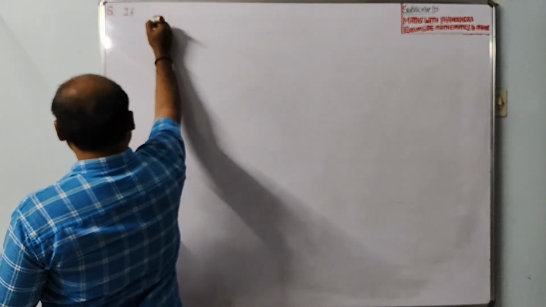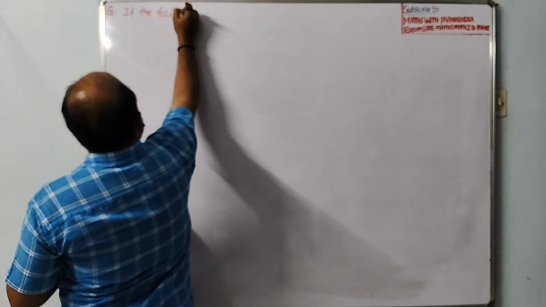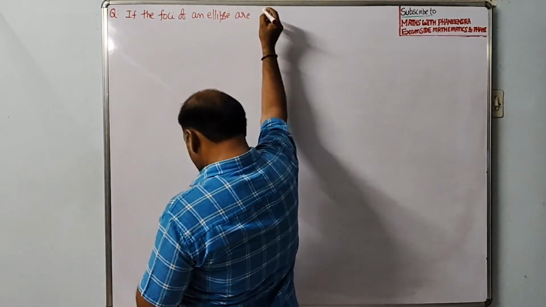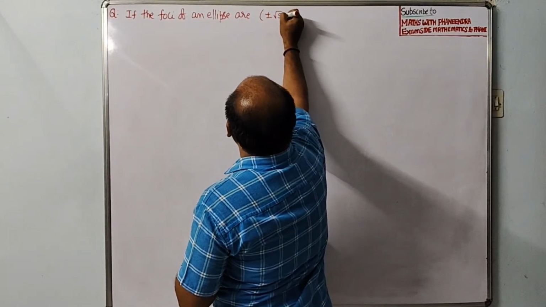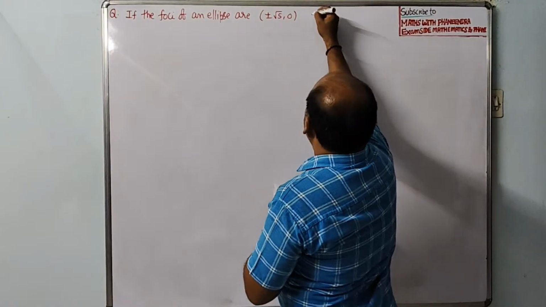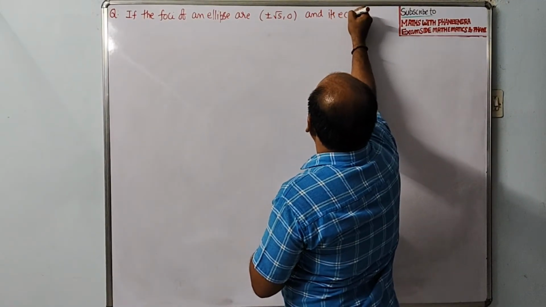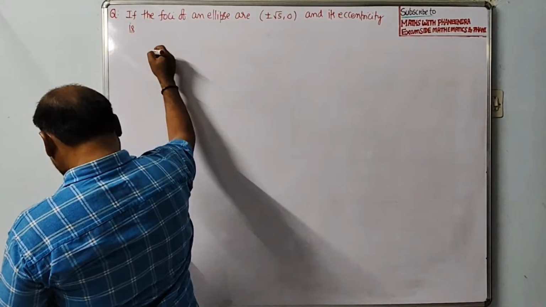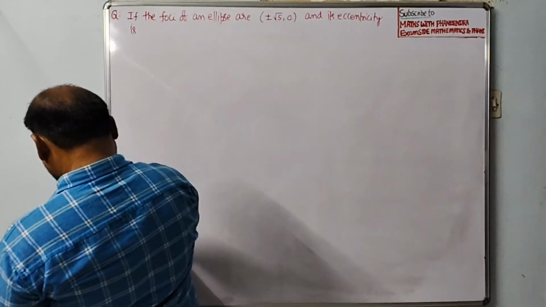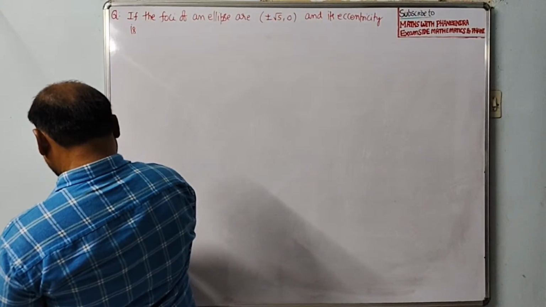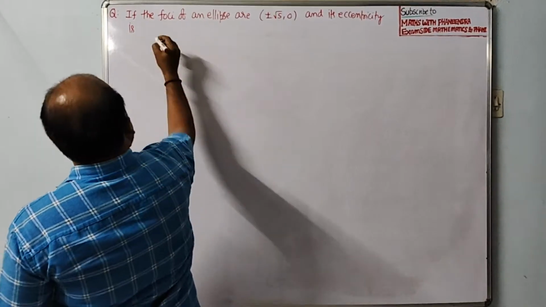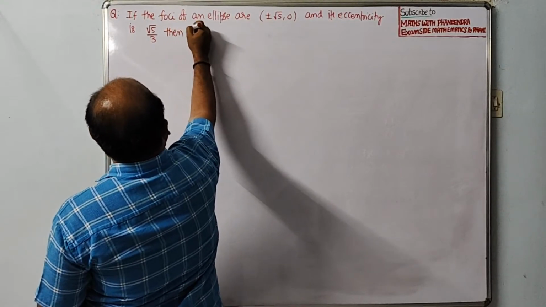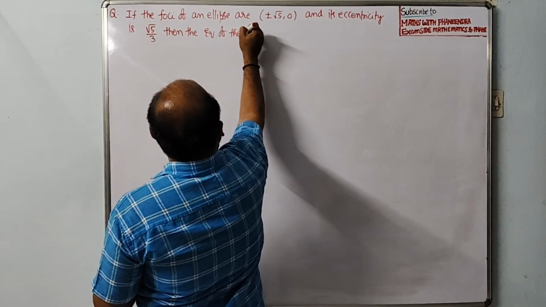If the foci of an ellipse are plus or minus root 5 comma 0 and its eccentricity is root 5 by 3, then the equation of the ellipse is.